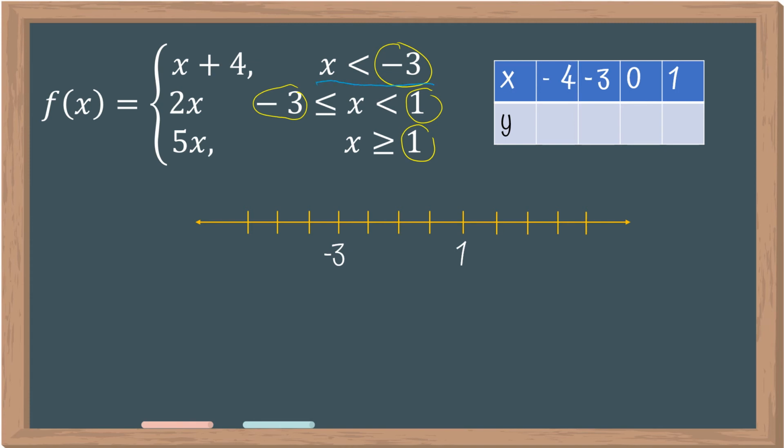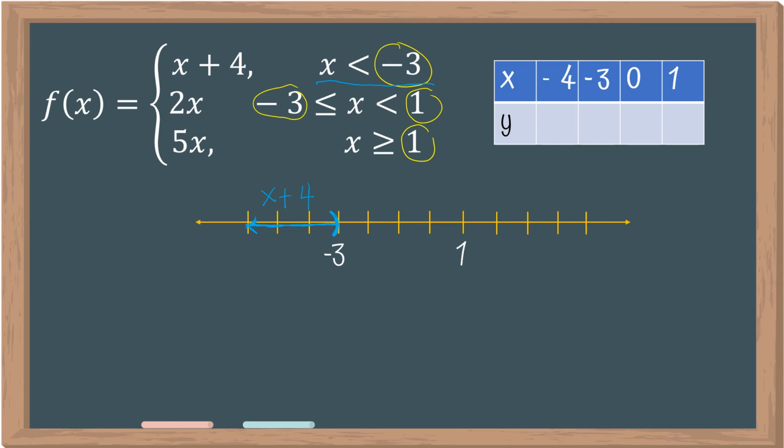Dahil less than lang yung ginamit natin na inequality symbol dyan, we are going to make use of a parenthesis for negative 3. Less than, the values less than negative 3 will be all the values going to the left. So, if we have values of x less than negative 3, we will be applying the first subfunction x plus 4.